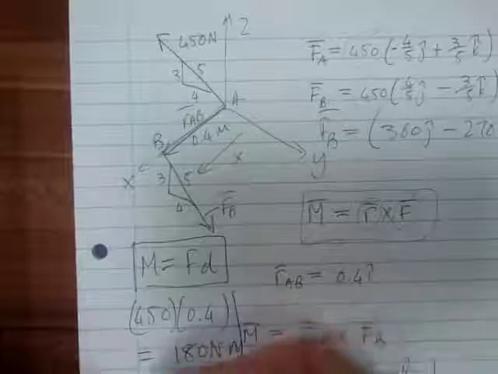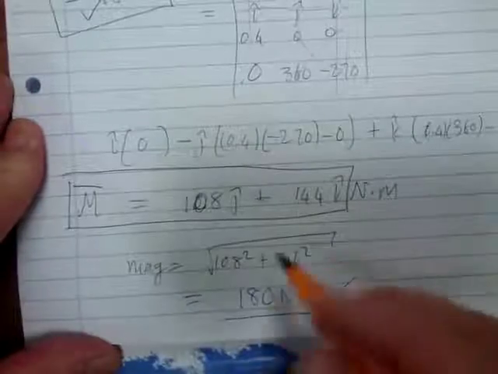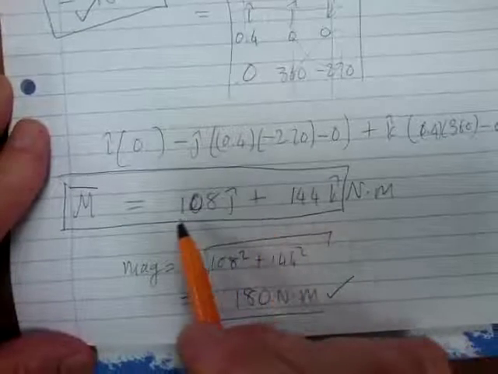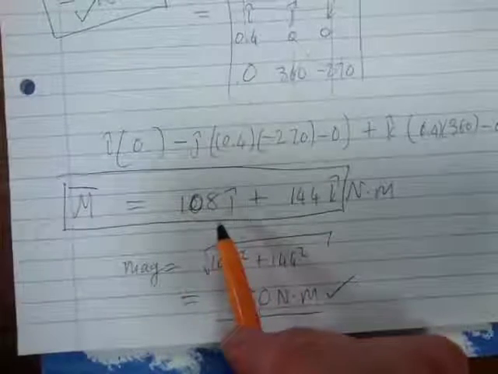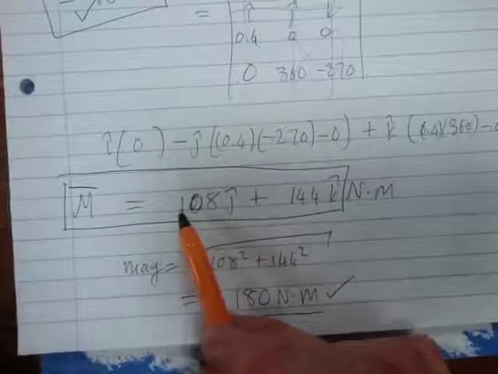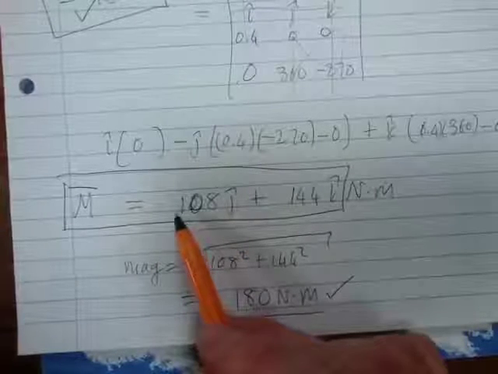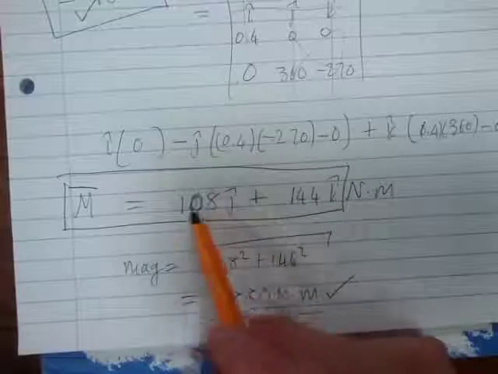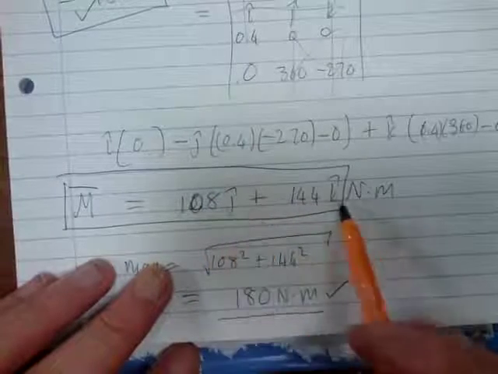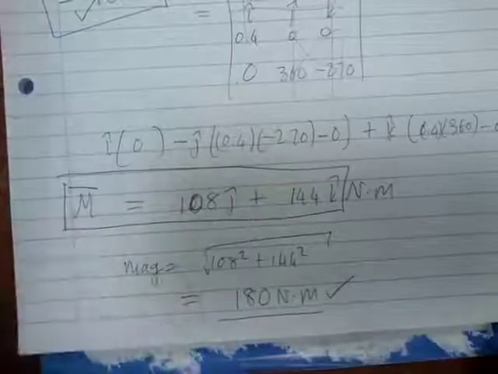So that means that this magnitude is correct. We've got a direction now. Remember, the direction was very difficult for us to find earlier, but what we know is that there's no component of a moment about the x-axis, but we have components of the moment about the y-axis and the z-axis.